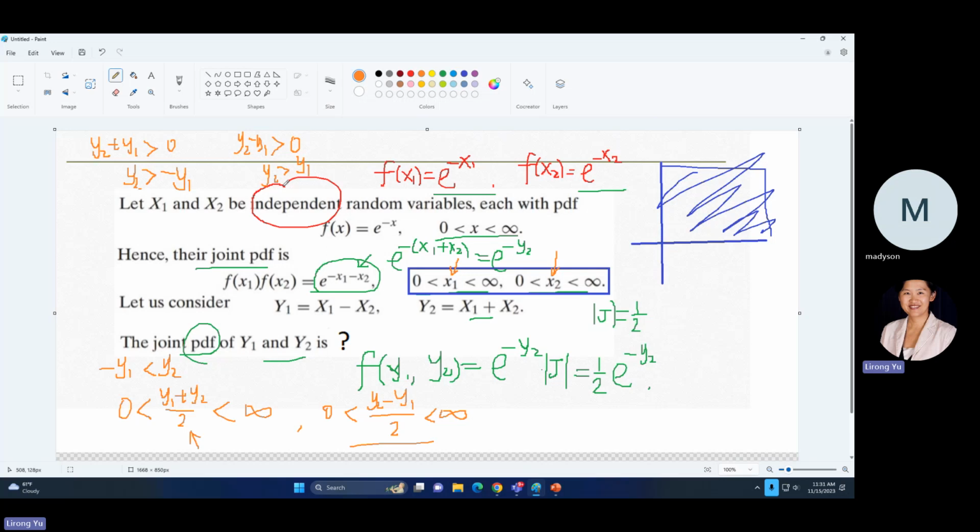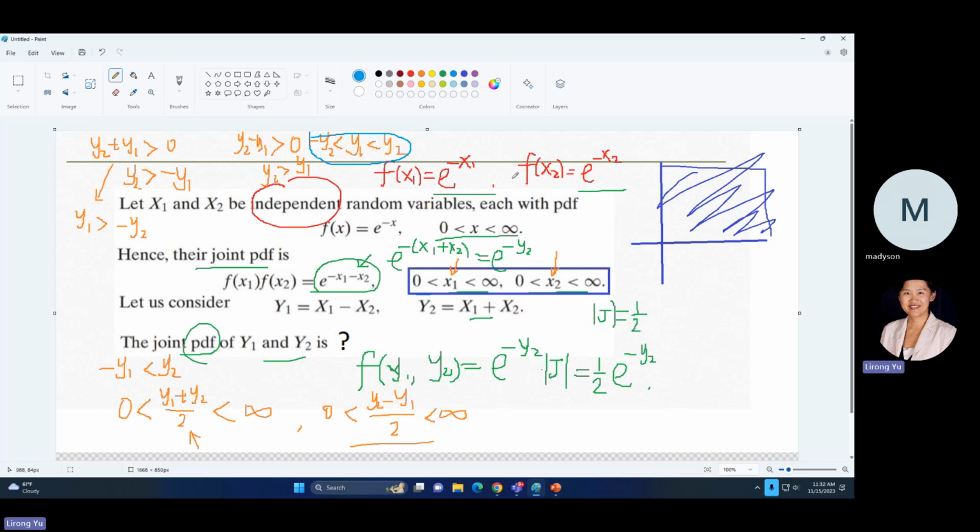So that means y1 is less than y2, which means y1 is bigger than negative y2. I guess I should write over here: y1 is bigger than negative y2. I was trying to bound y2 with y1, but it turns out y2 bounds y1. That's the boundary.